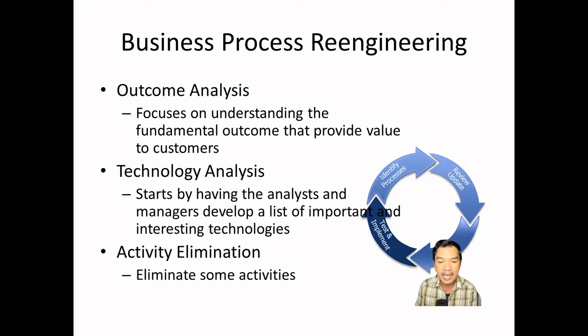The second is the technology analysis. It starts by having the analysts and managers develop a list of important and interesting technologies. Technology analysis is just a survey of various technologies and how they might support your existing business process. We will go back to the PSA requirement for students of submitting a birth certificate. I have shared this before with some of my students.